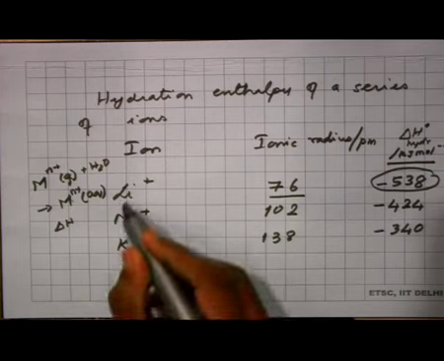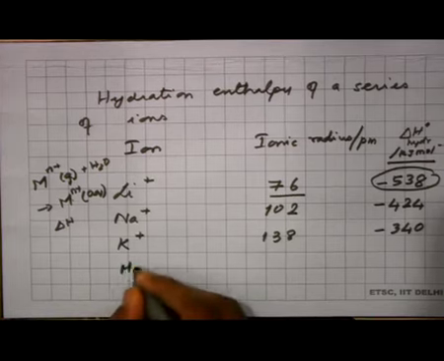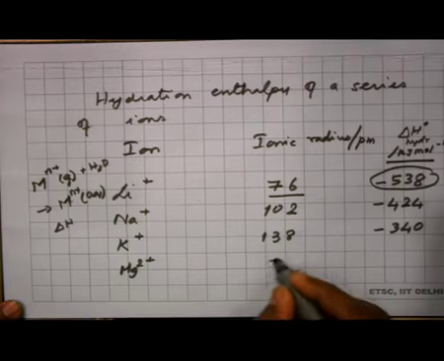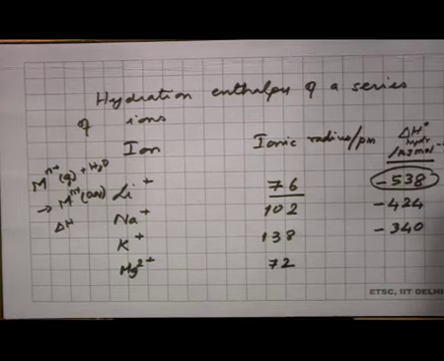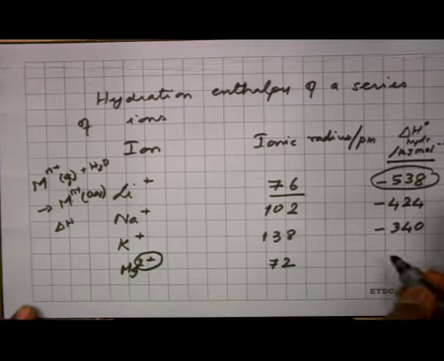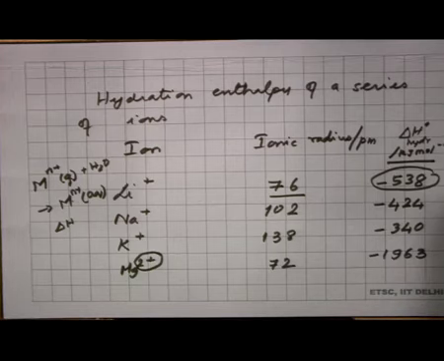Now, this is for the alkali metal ions. If you went to the alkaline earths, Mg2 plus has an ionic radius similar to Li plus, but because of this doubly charged nature of Mg2 plus, its hydration enthalpy is significantly higher than that of Li plus, although its sizes are almost the same.